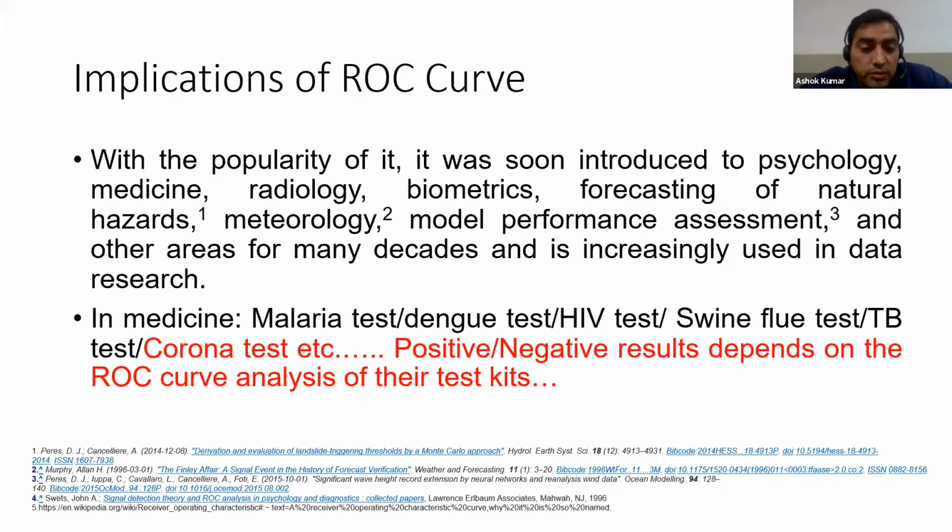If their sensitivity and specificity are high, above the government standard, then the government approves these tests, and after that, these test kits come to the market. So this is the benefit or application of the ROC curve.